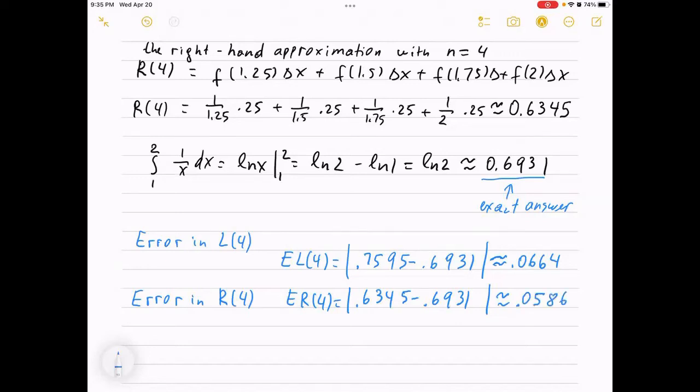So the error in the right hand sum is 0.0586 and in the left, 0.0664, which are about on the same magnitude.